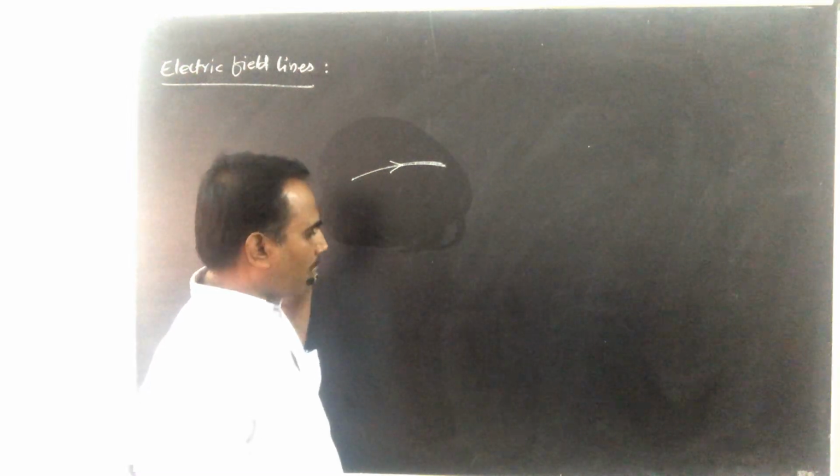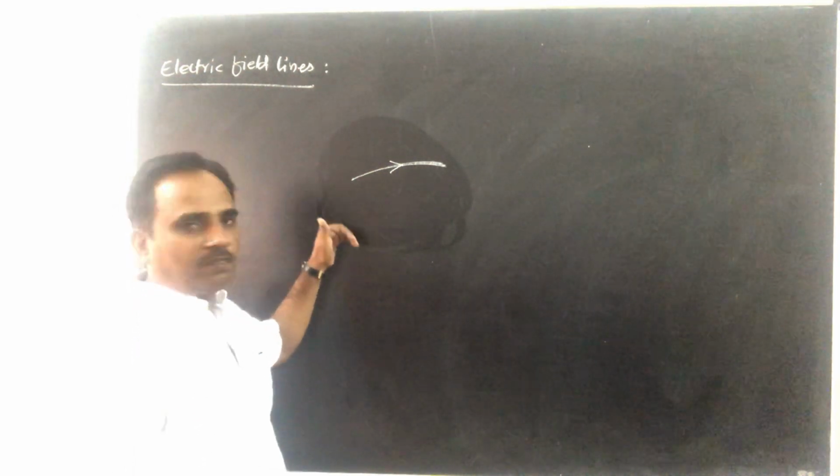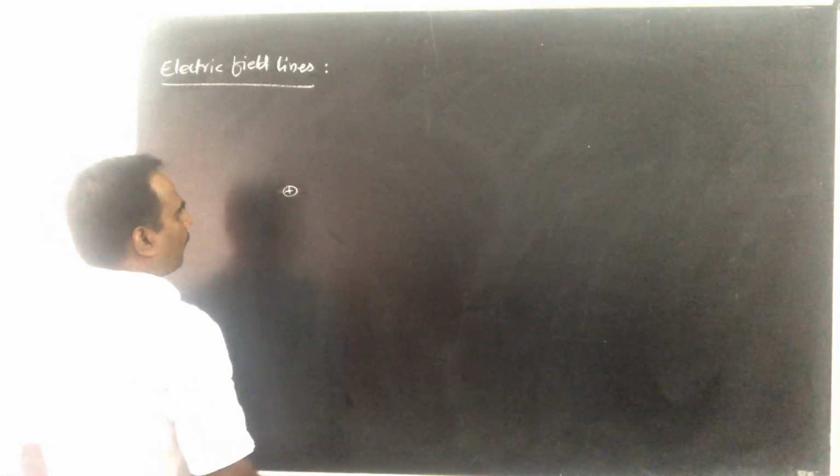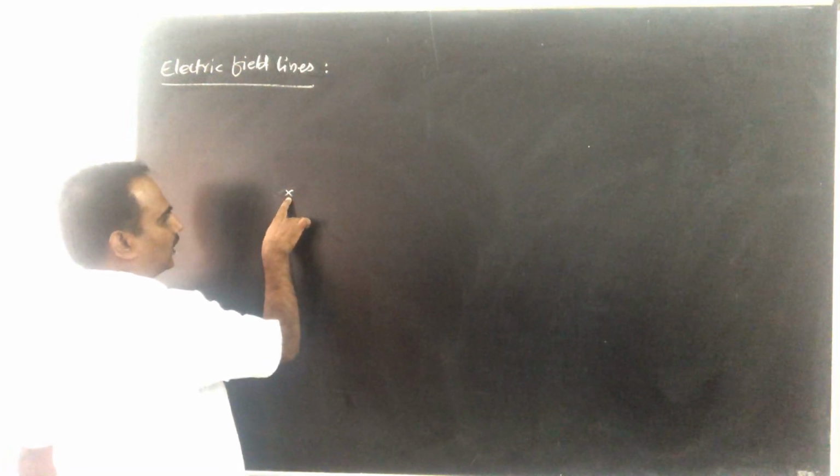And we shall draw the electric field lines due to different charge configurations. If I take a positive charge here, like this, it is a point positive charge.